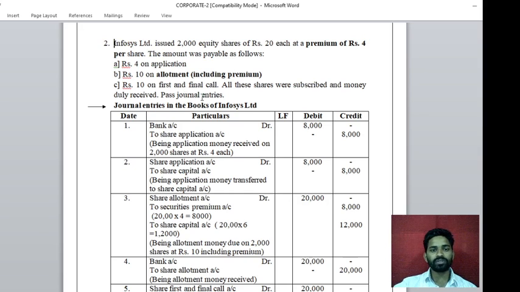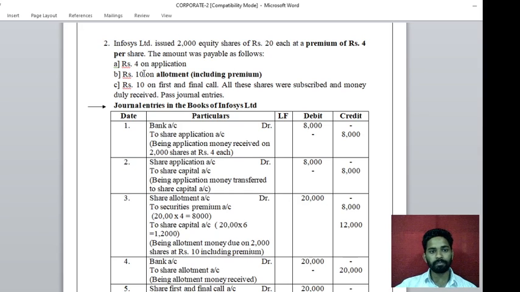Now see, this Infosys Limited is going to issue equity shares. How many shares? 2000 shares, and each share price is rupees 20, with a premium of rupees 4. Now how are they going to receive this per share?